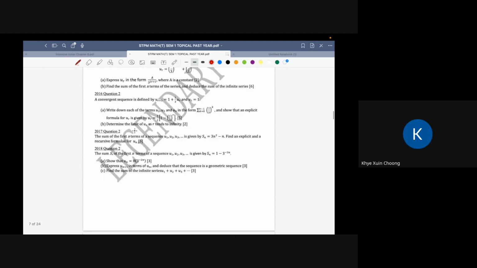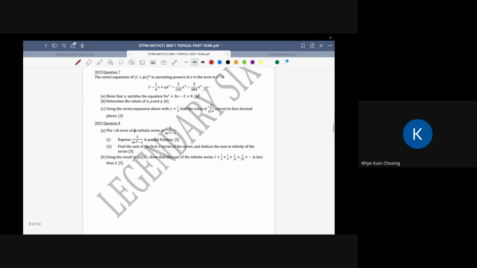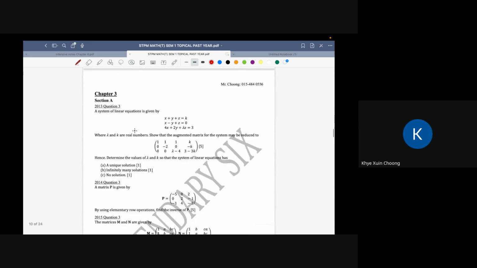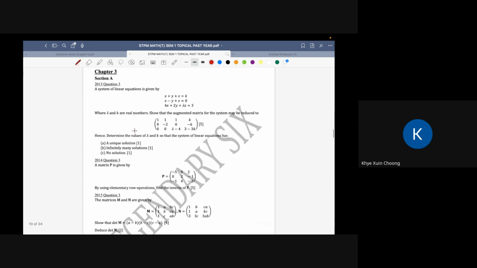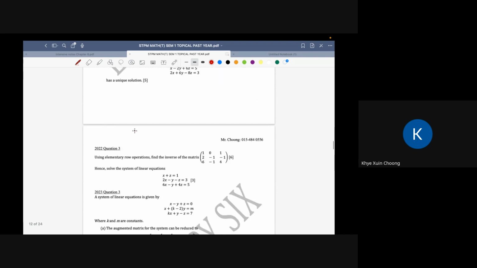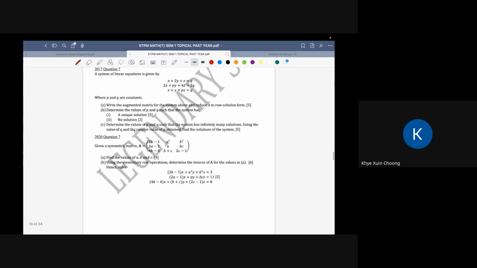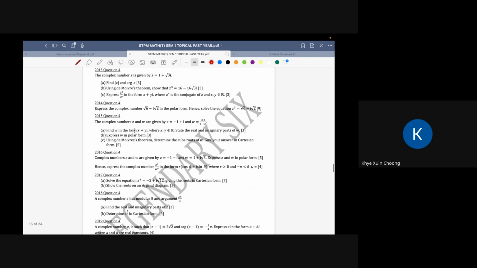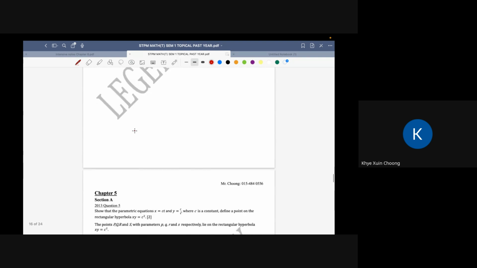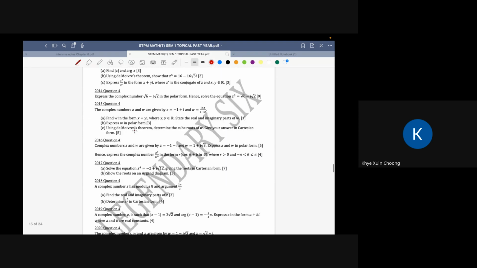Then if you go to check, you will find that for chapter 4, there is no question 7 or 8 that came out from it. It is for question 4. There are no section B questions that came out from chapter 4.